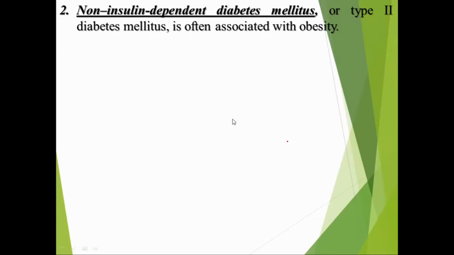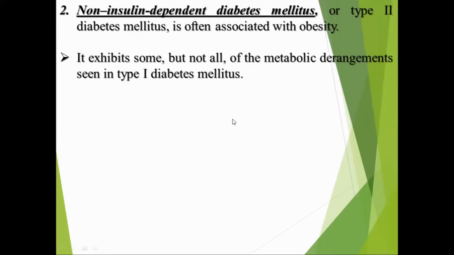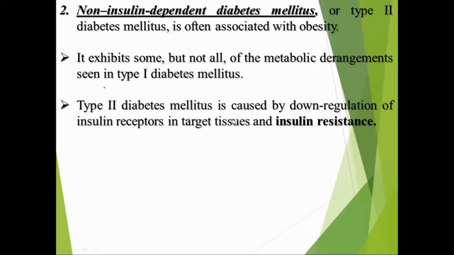Non-insulin dependent diabetes mellitus, or type 2, is often associated with obesity. It exhibits some, but not all, of the metabolic derangements seen in type 1 diabetes mellitus. Why not all?